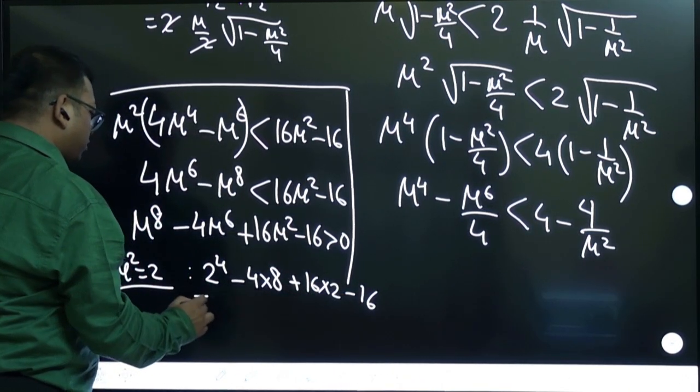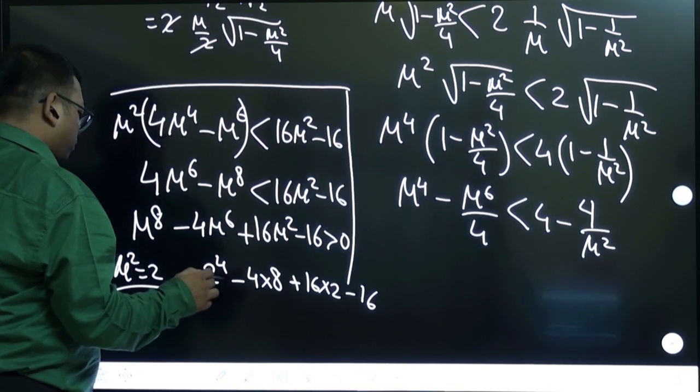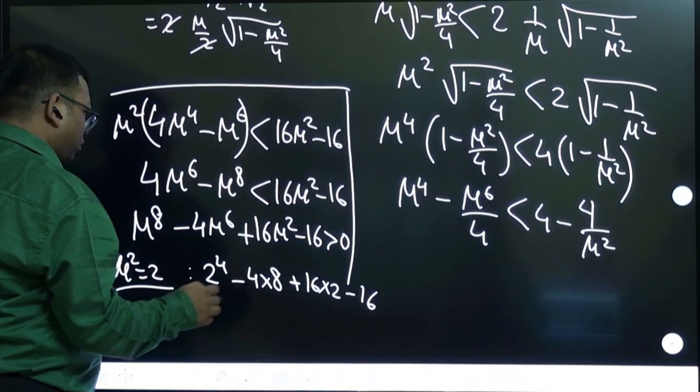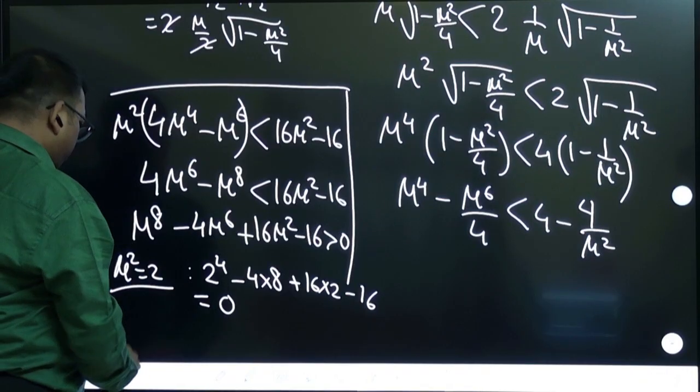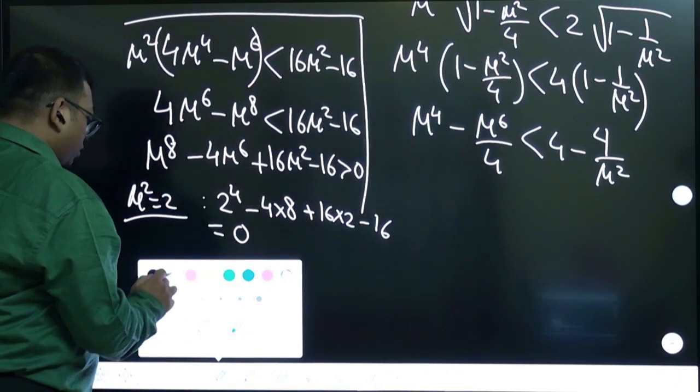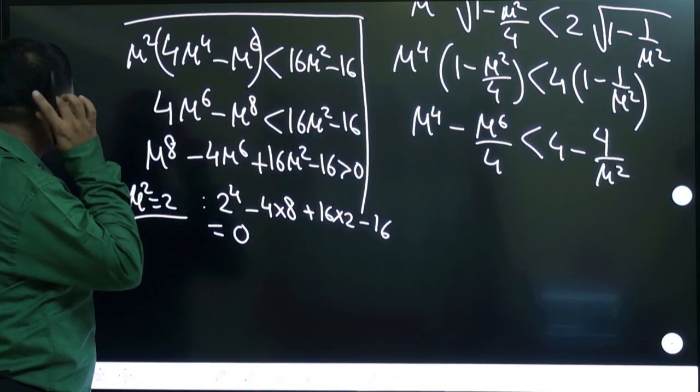Is it becoming 0? Check that. 16, 16, yes, it is becoming 0. That means from this equation mu square equal to 2 is definitely a root.